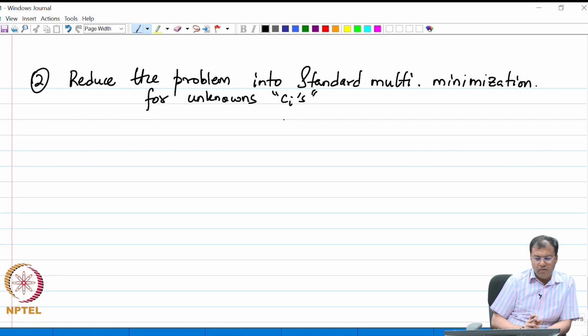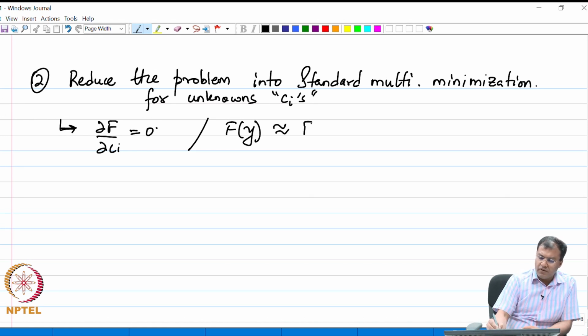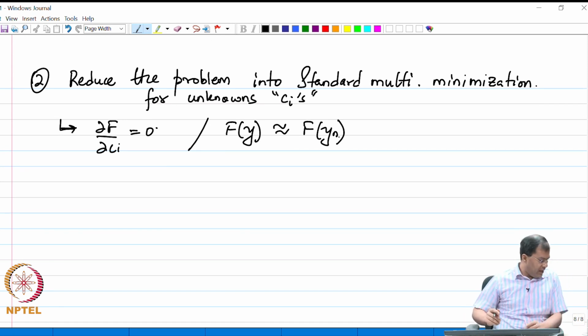After applying the approximation in the previous slide, the unknowns will be the Ci's, and all we do is differentiate our function with respect to the Ci's and set it equal to 0, where my function is now an approximate function of yn. So y has been approximated by yn.